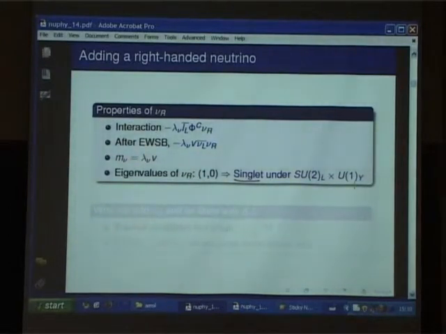So UR will have no interactions with W, Zs and photons. So the particle is just there, and it doesn't couple with any gauge particles. The only thing it does is couple to the neutrino and Higgs this way. That's the only term there is. So in that sense, it's not an outsider, alien particle.